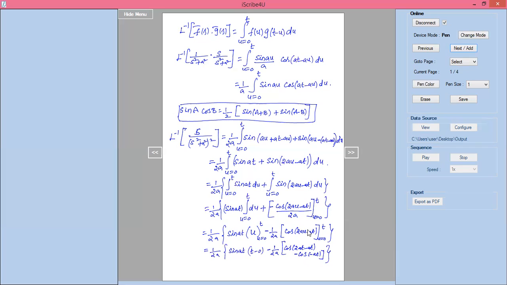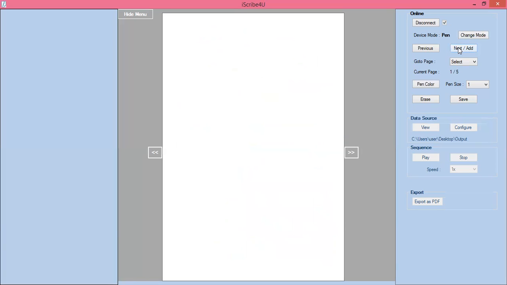Now I will write this side in the next sheet. That equals 1 by 2A into sin AT into t, minus 1 by 2A into, see here 1 by 2A I multiplied.